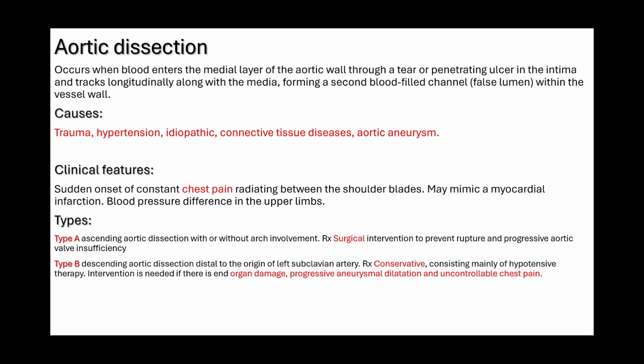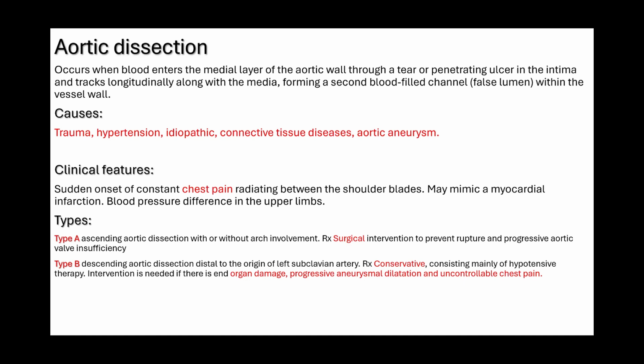If the organs are supplied by false lumen, we should inform the primary physician about it to intervene and correct this situation. So the causes may be trauma, hypertension, idiopathic, sometimes connective tissue disease, also aortic aneurysm. Patients usually come with sudden onset of chest pain radiating between the shoulder blades, mimicking MI sometimes.